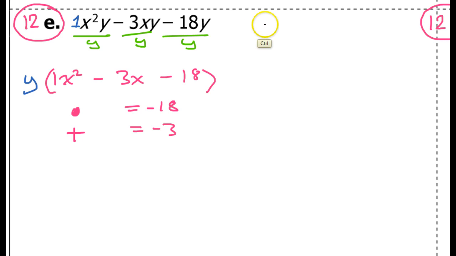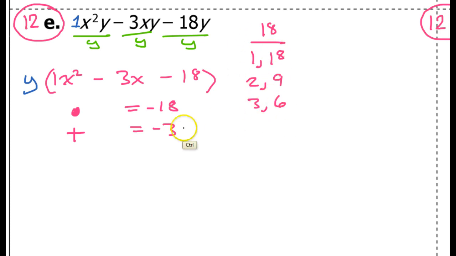Let's start with the product. Let's just call it 18. Forget the negative sign for now. What multiplies to make 18? Well, 1 and 18, 2 and 9, 3 and 6. That's it. These are the only ways that you can make 18.